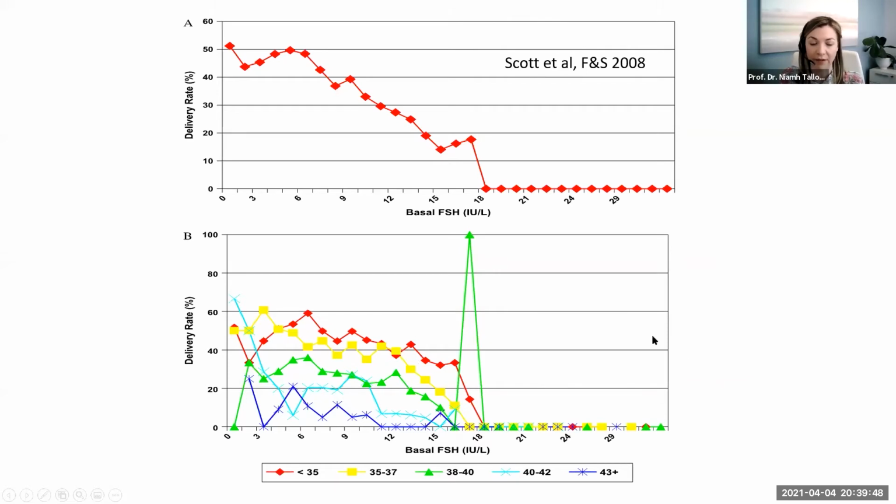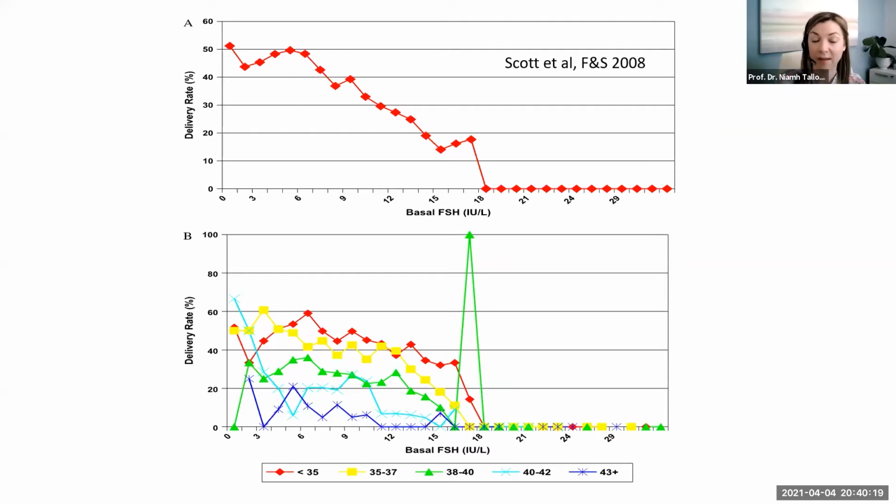I reiterate to patients often, I would rather take quality and be a much younger woman over quantity and be older with a huge number. Certainly being younger, even with a low number, is much more desirable when you're looking at the balance of quantity and quality. When you see FSH values, though, here in this graph of 15, that sounds significantly high, and there'll be many IVF centers that will refuse patients access to IVF with values like that.